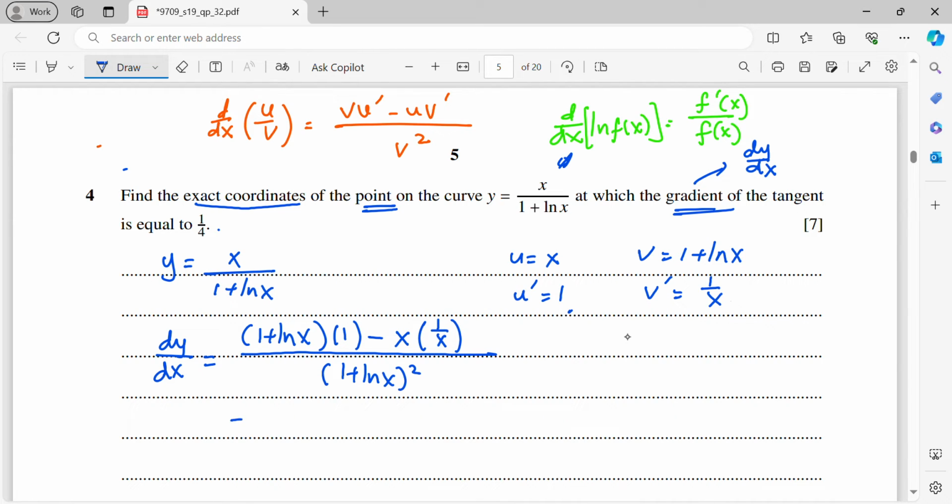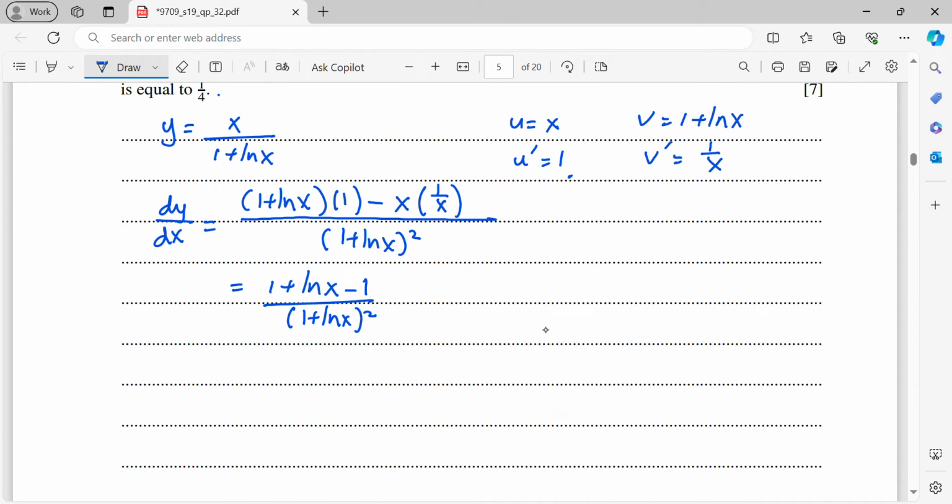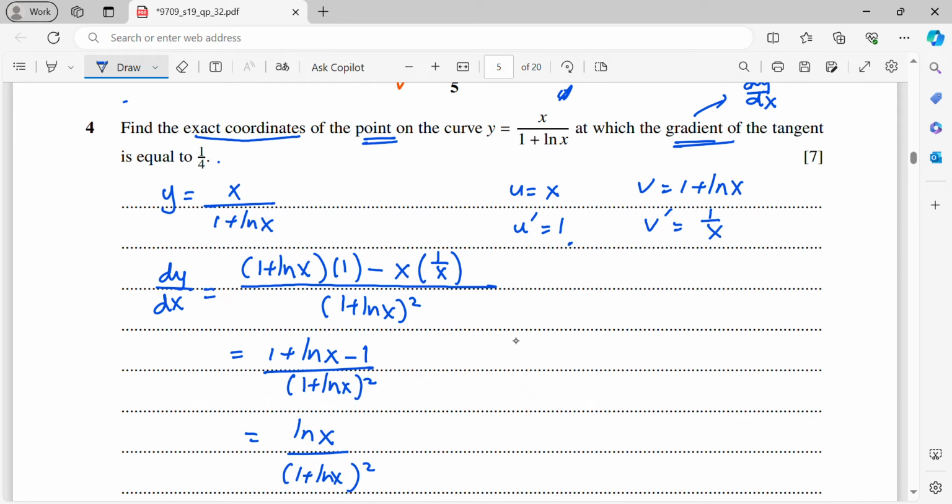So from here, you will be getting 1 plus ln x minus 1 over 1 plus ln x squared. Okay, so the 1 and minus 1 cancel off, means that your dy dx is basically ln x over 1 plus ln x squared. And now you are given dy dx equals to 1 over 4.